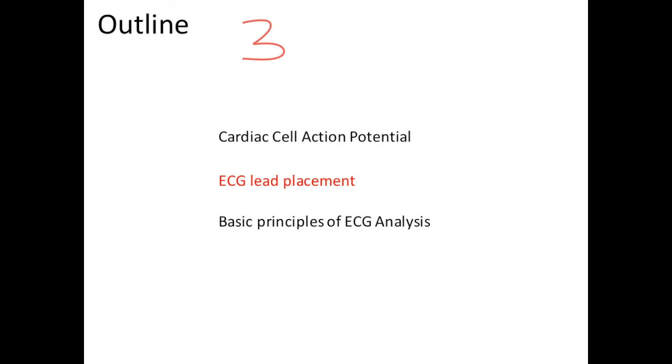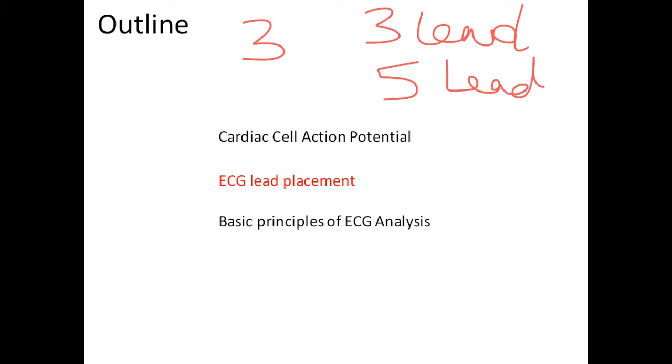The first one is 3-lead EKG or ECG, depending on how you like to say it. The second one is augmented limb leads, or another way we refer to it is 5-lead ECG. And the third is what we call precordial leads. So I will go over each of these lead placements with you.